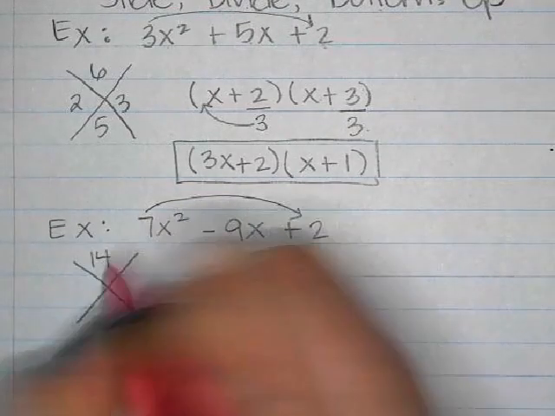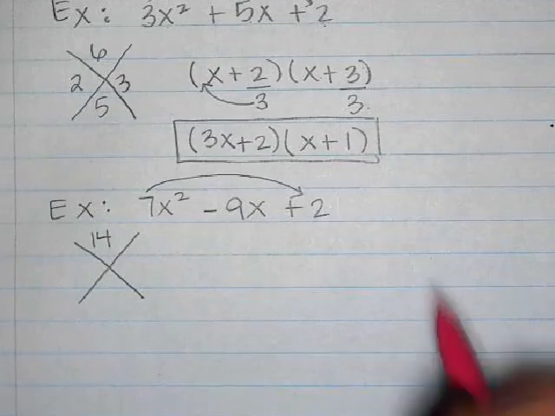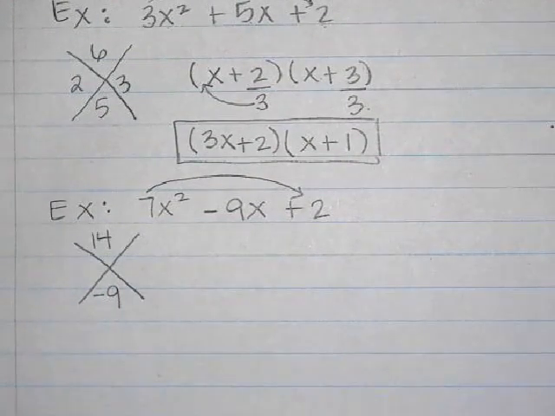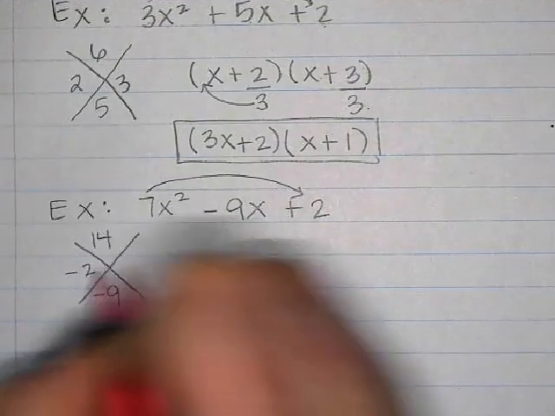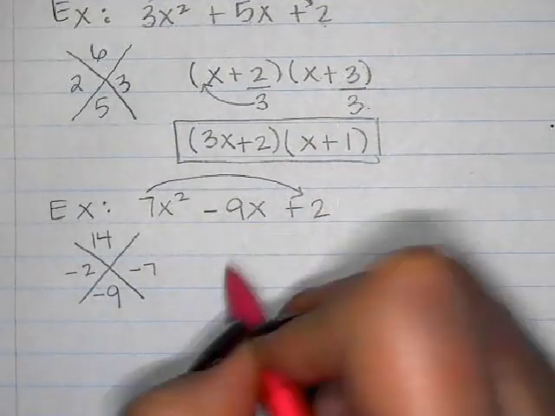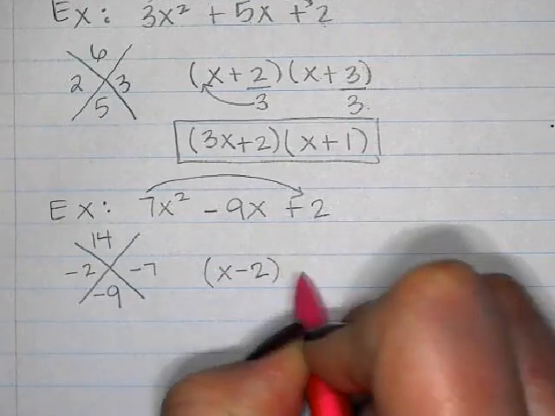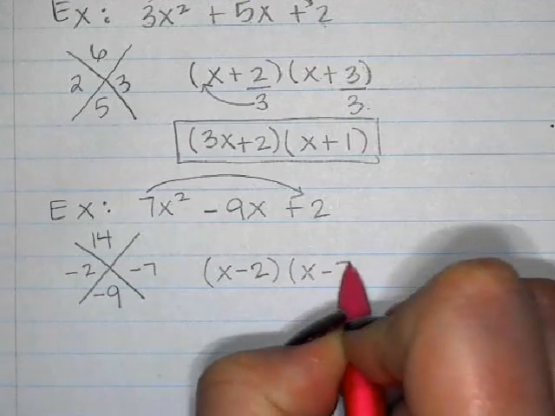So I'm looking for two numbers that multiply to 14 but add to negative 9. Negative 2 and negative 7. Okay, so in my parentheses, I'm going to write x minus 2, x minus 7.